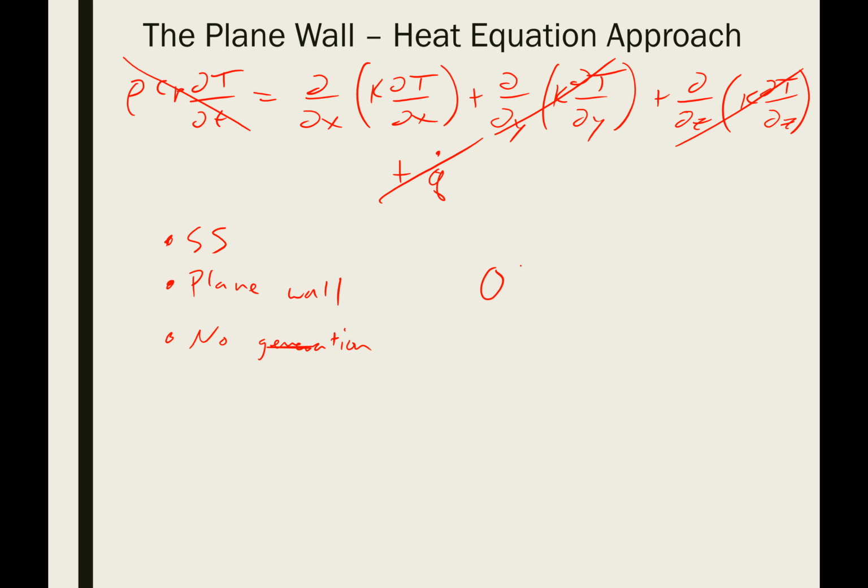So we end up with 0 is equal to d/dx of k dT/dx, which, if we look at this, is no longer a partial differential equation because there's no variation of temperature with anything besides x. So that just becomes a second order ordinary differential equation.